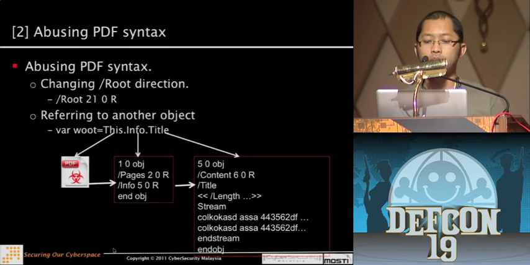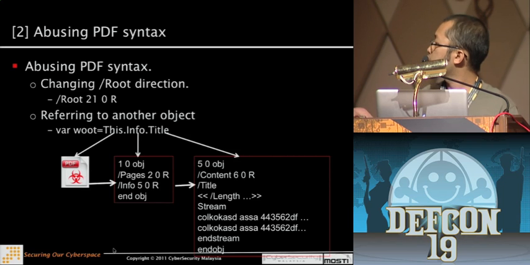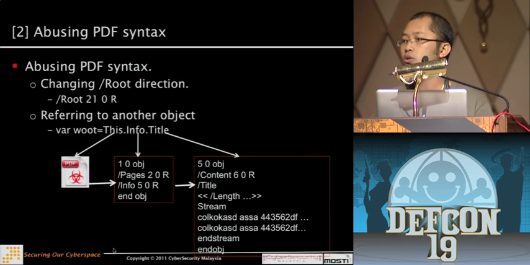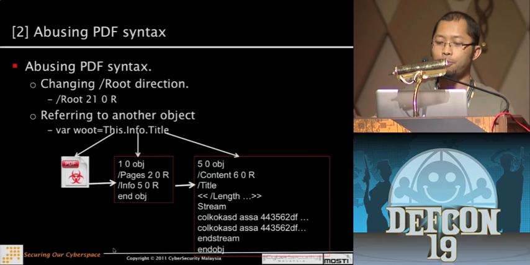Another thing is referring to another object. For example, you notice the var here. The variable is pointing to an object called this.info.title, which is an OO representation.